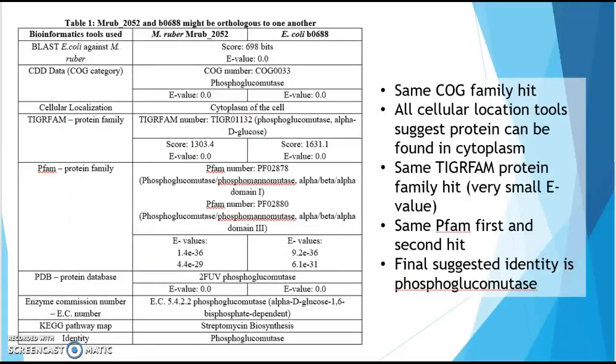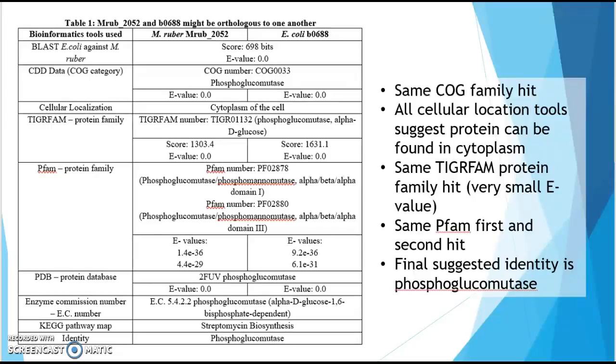A number of other different bioinformatics tools were used to help determine if these genes were orthologous to one another. One of them includes the CDD database. What that does is it compares the amino acid sequences of both genes to a COG family.